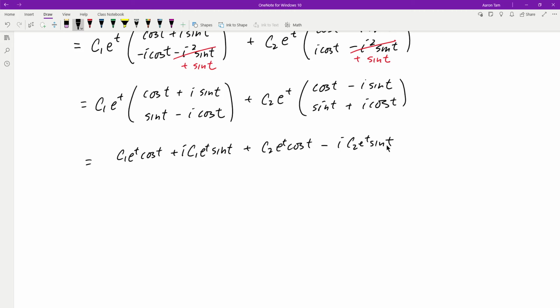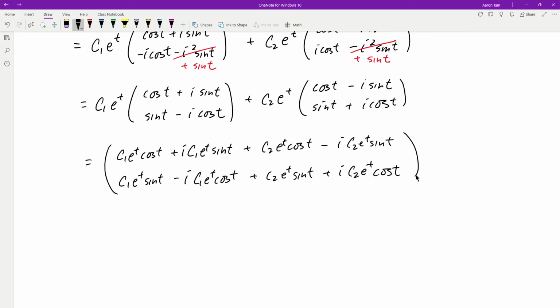So I simply multiply everything out for the top. And then the bottom one will be C1 e to the t sine t minus i C1 e to the t cosine t plus C2 e to the t sine t plus i C2 e to the t cosine t.